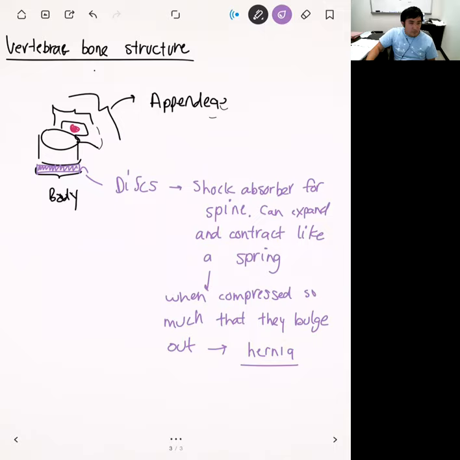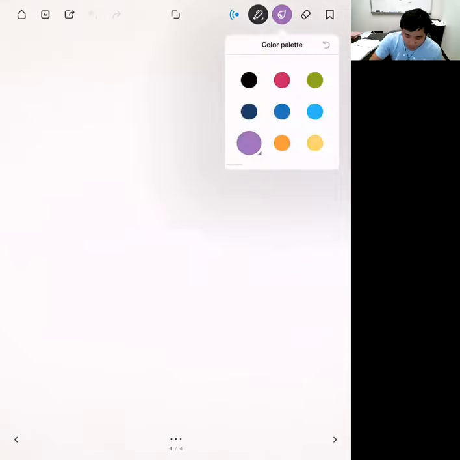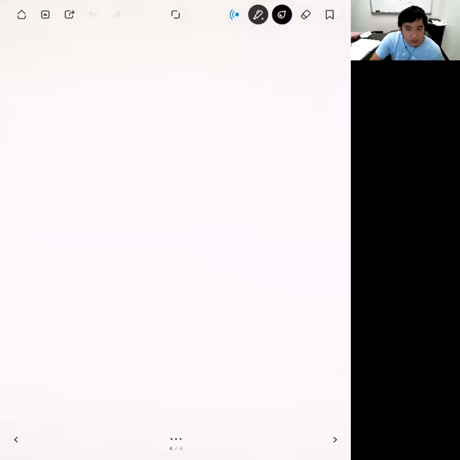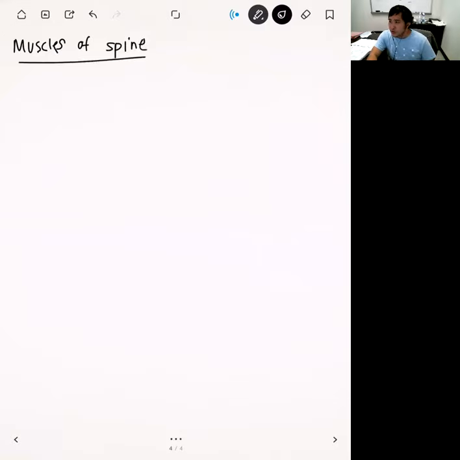And so that's the vertebrate bones. Let's talk very briefly about the muscles. There are several muscles that act as part of your core. Whenever you hear an exercise that works your core, you're essentially working the muscles around your spine.